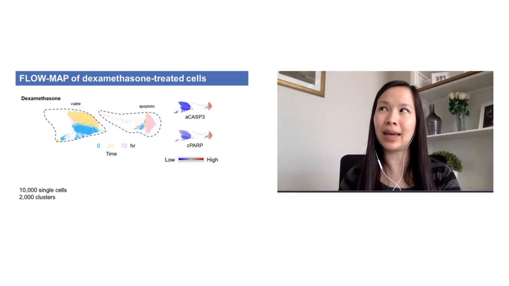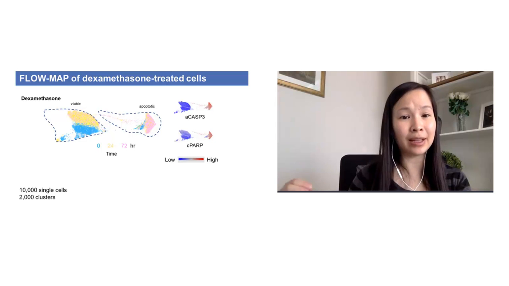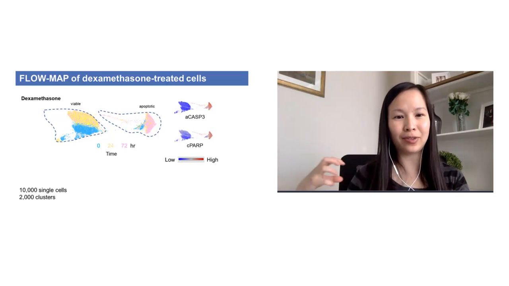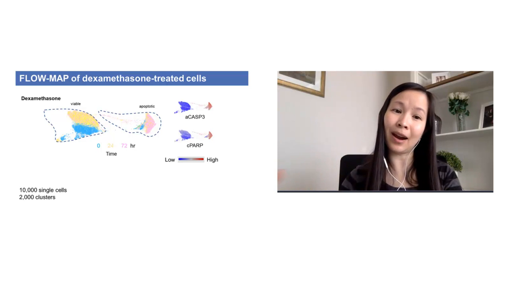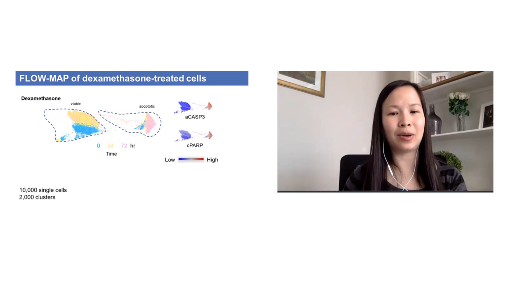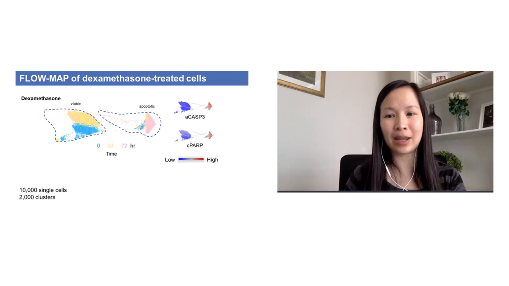These are proteins whose cleavage or activation depends on whether the cell is going to undergo death. So this arrowhead represents an area where the cells are actively undergoing death. And the tail of the arrow represents viable cells that are alive. So it makes sense that at 72 hours, the pink point of treatment, you have a lot of cells that are undergoing death.